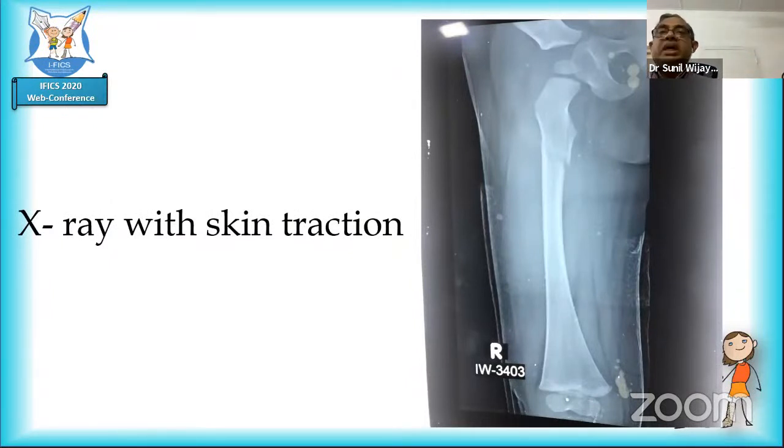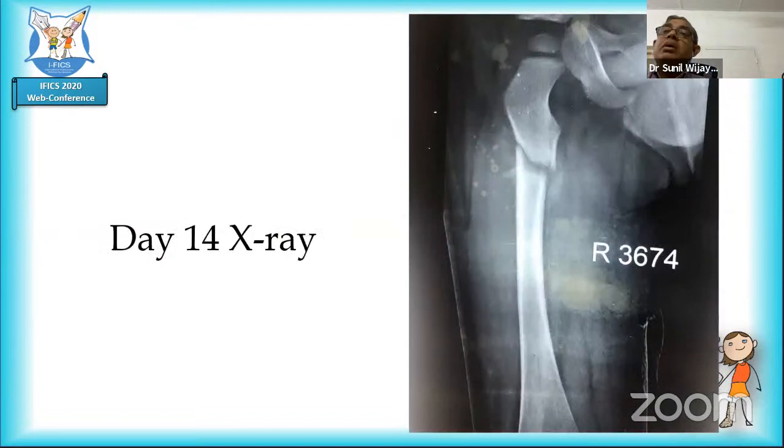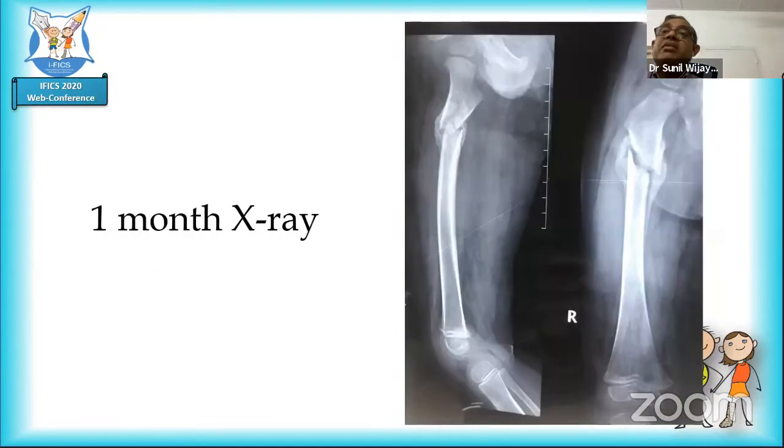This is a 2-year-old child with a proximal femur fracture. We manage with skin traction, a supervised skin traction, and we keep them in the ward for about 14 days till they develop a soft callus. The child is comfortable, pain-free, and then after that, our protocol is to send them home to manage with home traction.